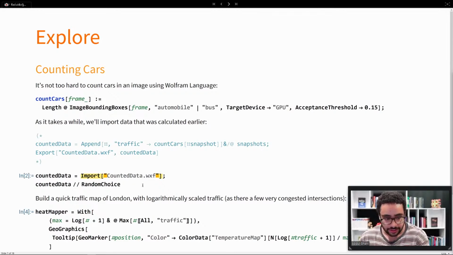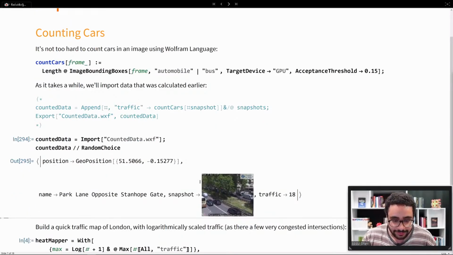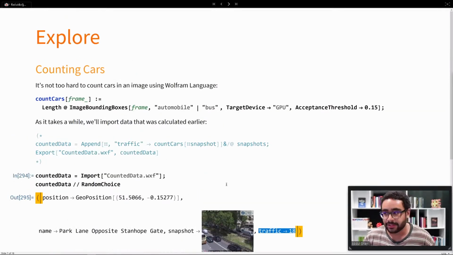In fact, let's look at what we're looking at. There we go. Our URLs have turned into images, so that's good news. But how do we count the cars in each image? It's not easy, and to be completely honest, I wouldn't know how to solve this from first principles.